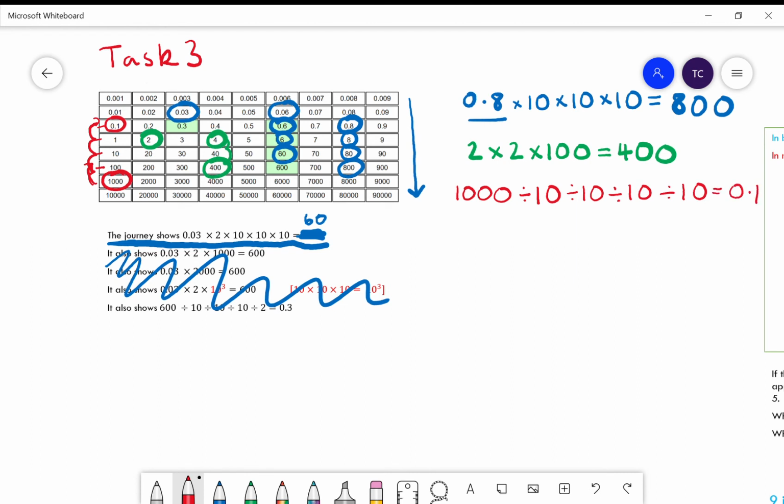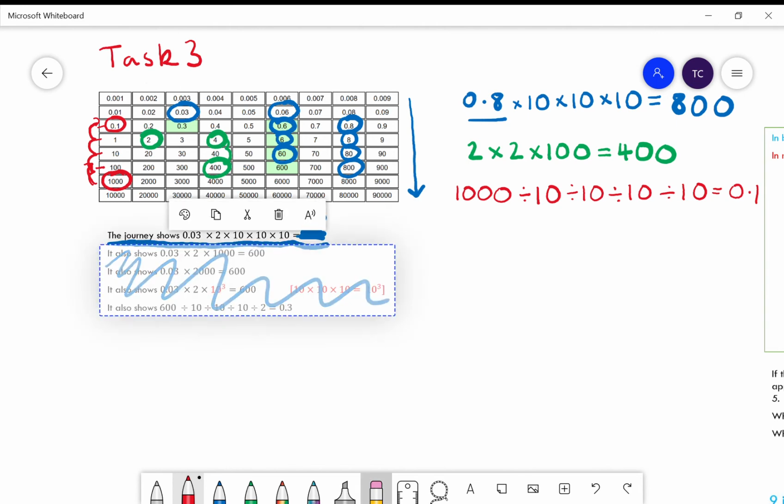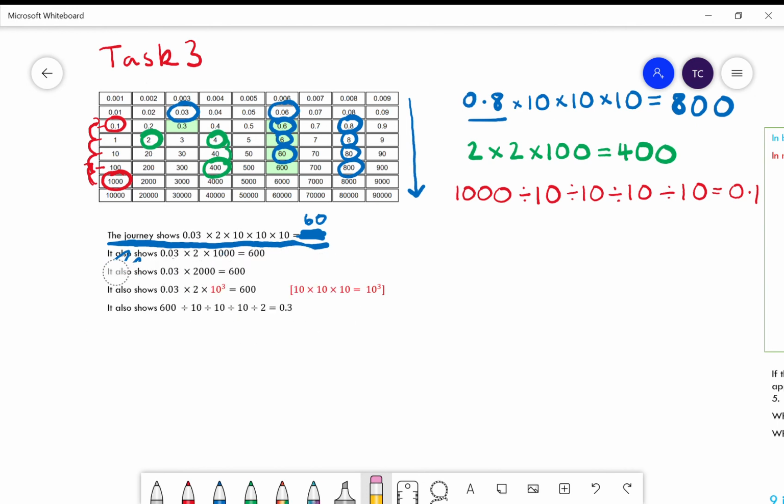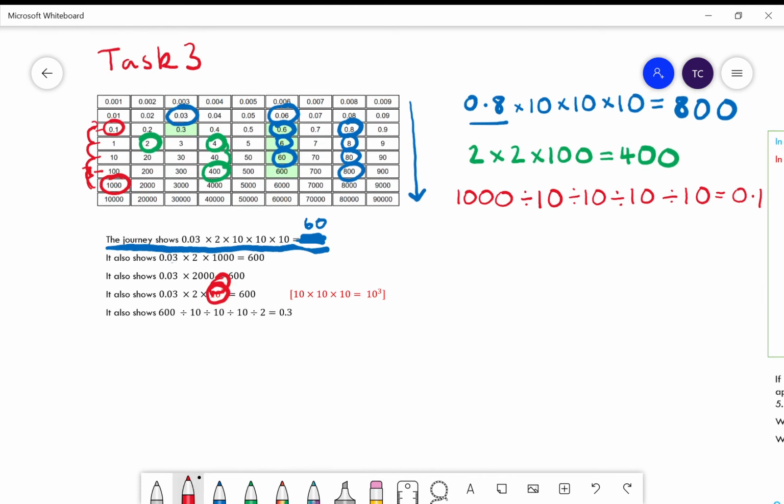Now, rather than do some other examples, I'm just going to write this one down in some different ways. I've just rubbed out loads of stuff here with that blue pen. I'd actually quite like to show you here, because it's not all rubbish. It's this thing here I'm interested in, this 10 to the power of 3, we call this. And it says that 10 to the power of 3 is 10 times 10 times 10.